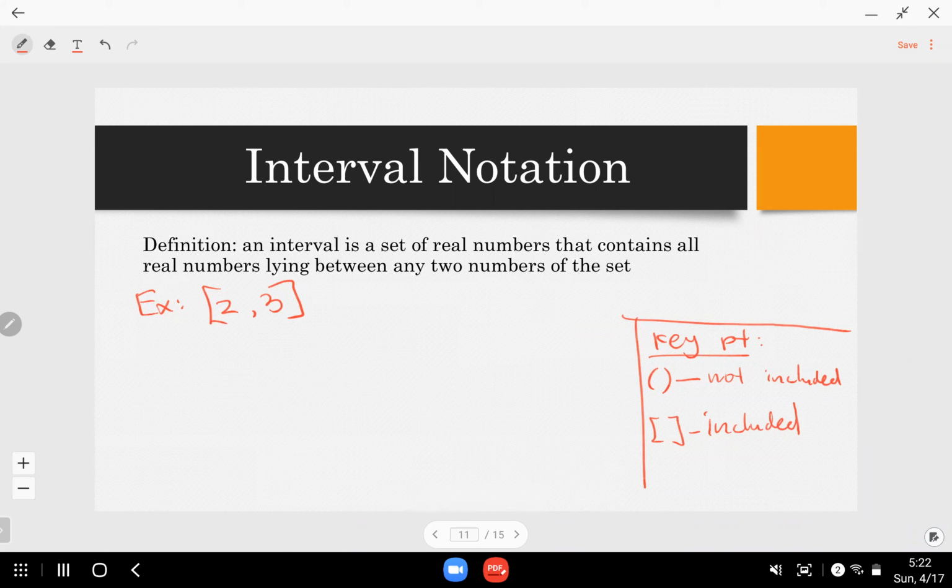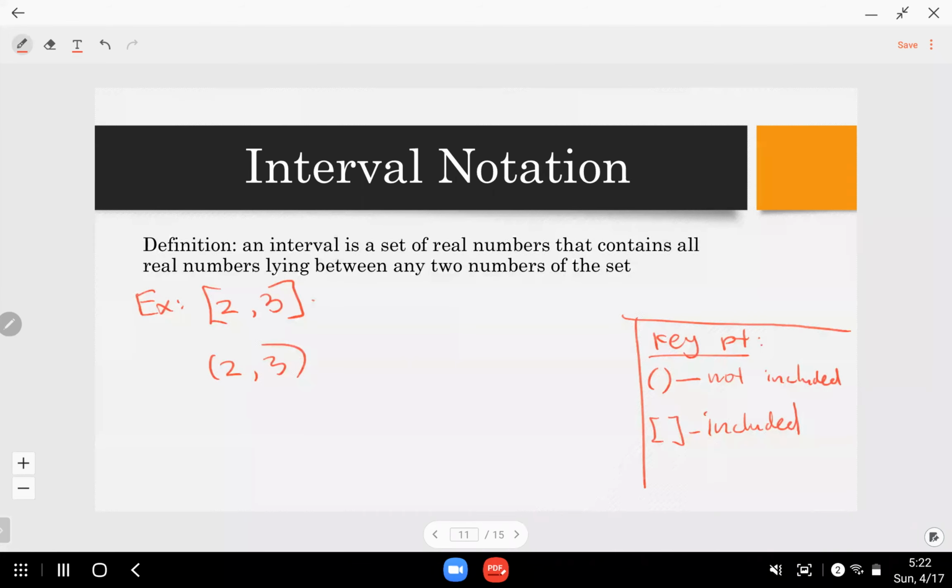Previously, we had 2 to 3 with regular parentheses. This means everything strictly in between 2 and 3, real numbers, not including 2 and 3. So it can be 2.1, but not 2. 2.9, but not 3.